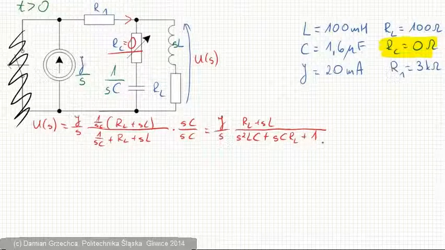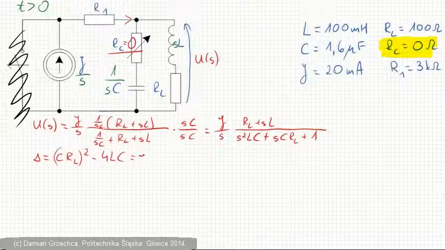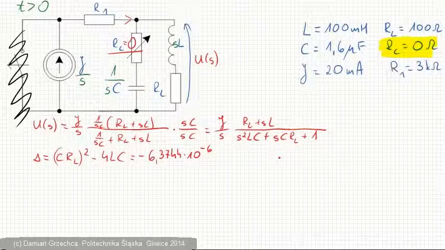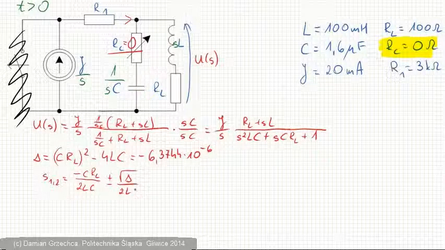In the denominator, we have the characteristic equation. For the equation, the determinant delta is negative, and the roots of the characteristic equation S12 are minus CRL over 2LC plus minus square root of delta over 2LC.